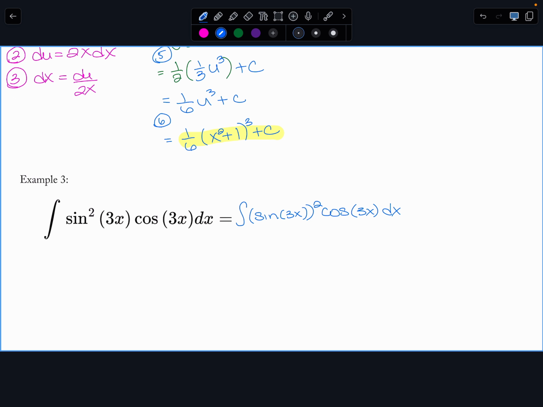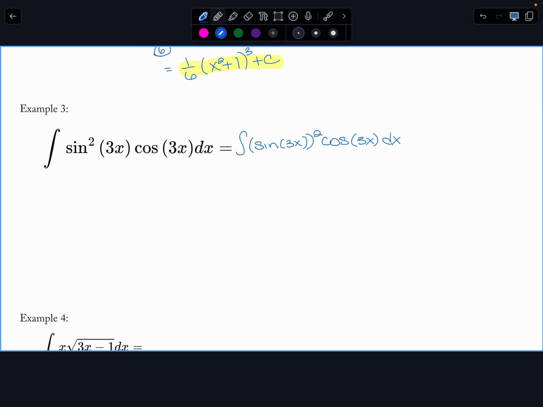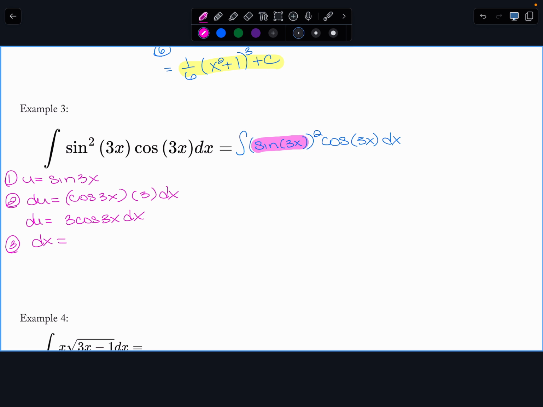Okay, so I rewrote this so that you would see that my inside function is sine of 3x. So then du is equal to cosine of 3x times 3, so then dx is equal to du over 3 cosine of 3x.